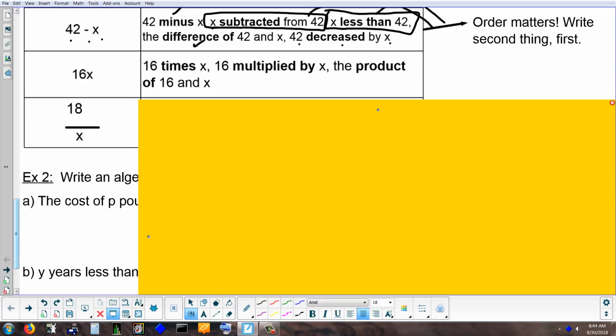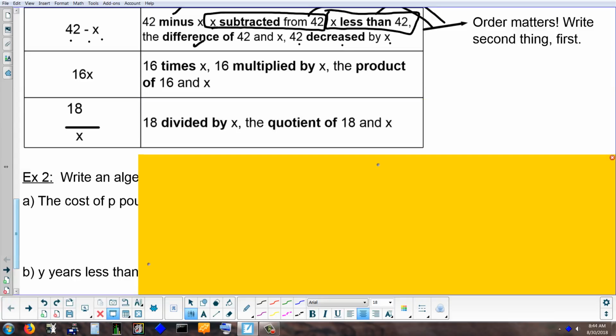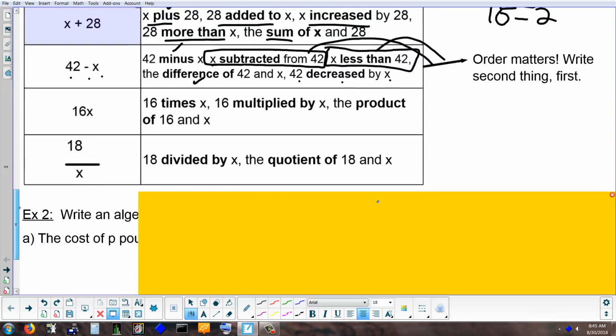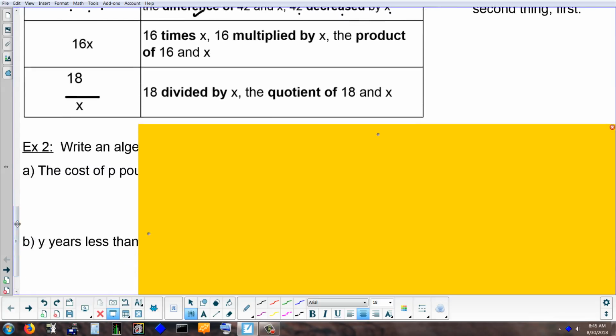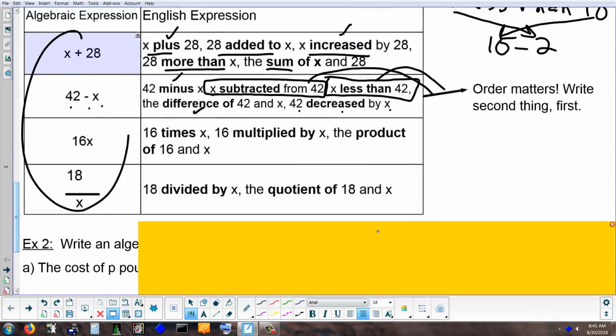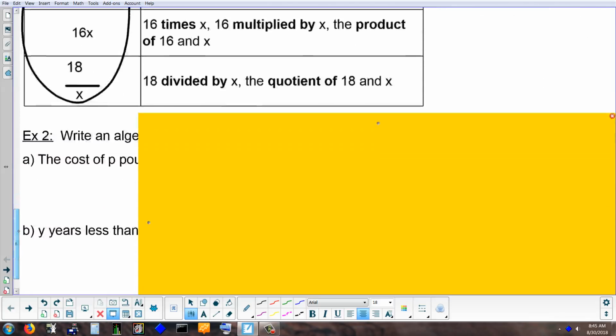Yep, the quotient. Actually, that's it. Those are the only two ways we have: 18 divided by x, the quotient of 18 and x. I don't really think you'll see many other ways, like x divided into 18. So now, using those phrases, we're going to practice actually writing one of these ourselves.